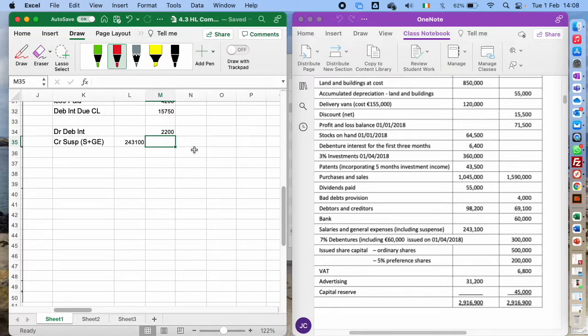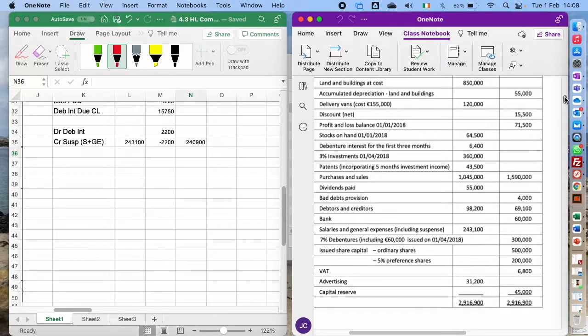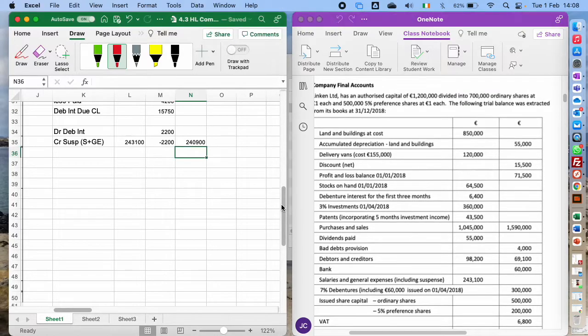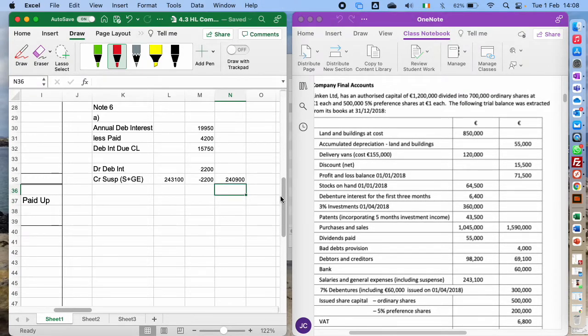So I'll be taking it away, going minus 2,200. So that's my salaries and general expenses now. Next. So that's the first part of my suspense done, and that one is a fairly standard suspense question.